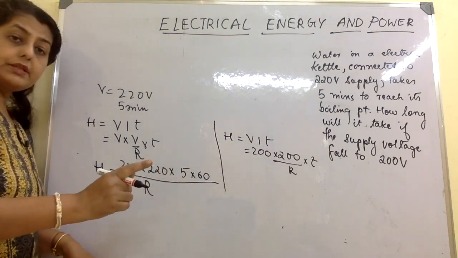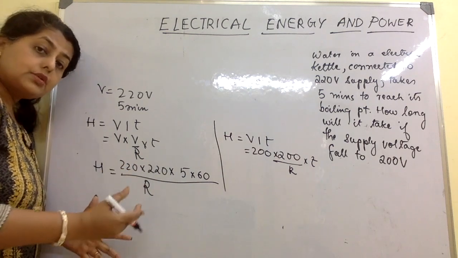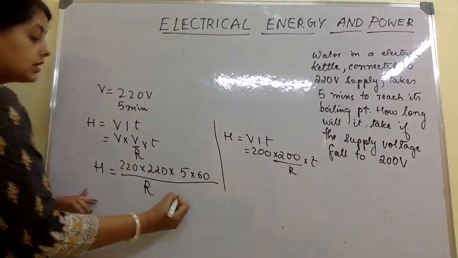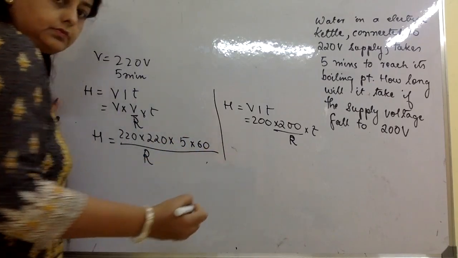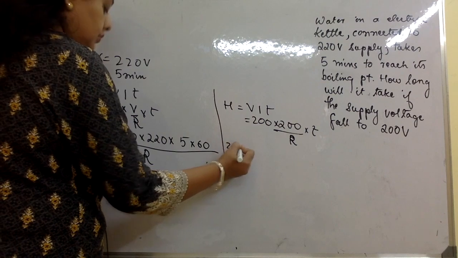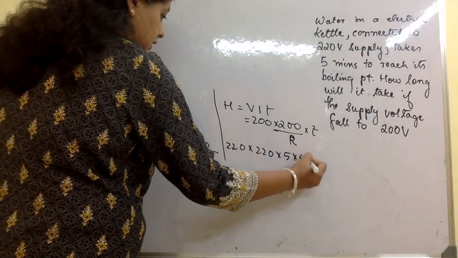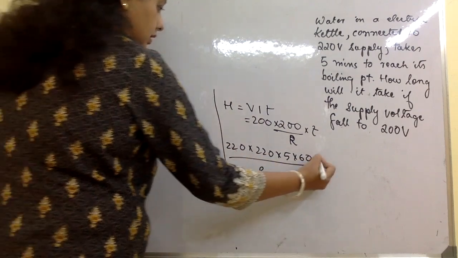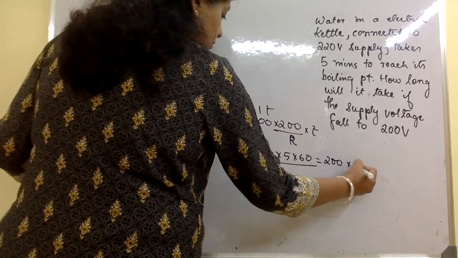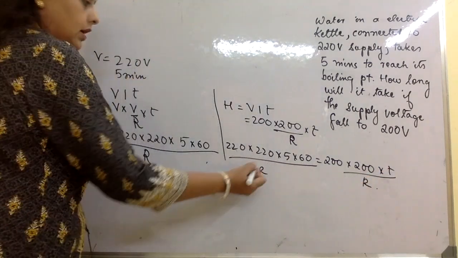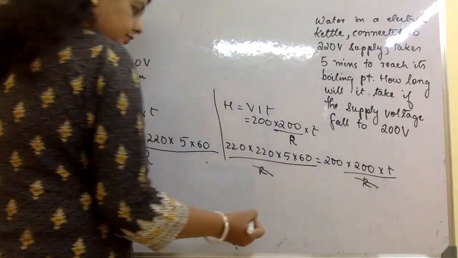But remember that the water has to come to the boiling point, so it requires the same amount of heat. So we have 220 into 220 into 5 into 60 by R, which is 200 into 200 into T by R. R and R gone.